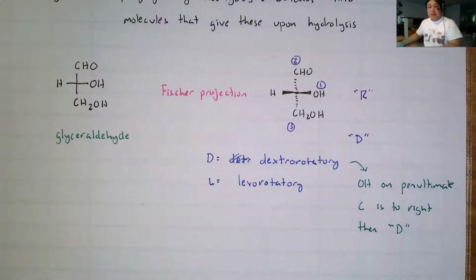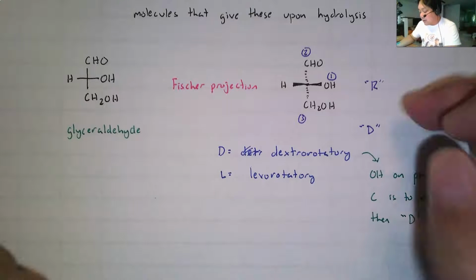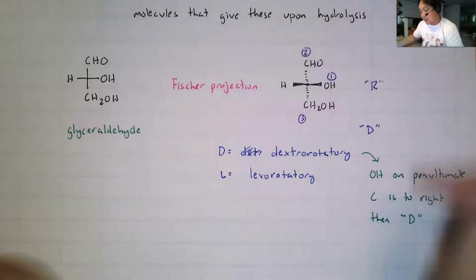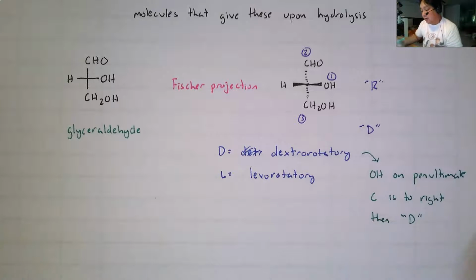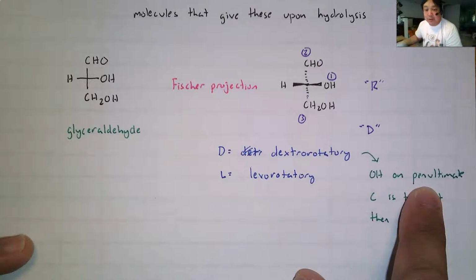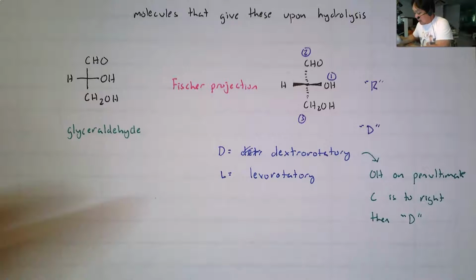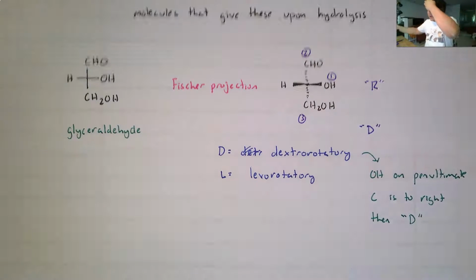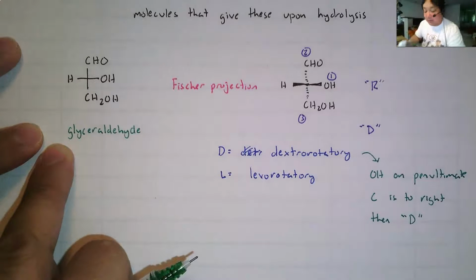You wouldn't want to think that all D carbohydrates are also R carbohydrates. We're going to see carbohydrates that have multiple chiral carbons, and we're still going to focus on the penultimate carbon, the second to last carbon, and see where that OH is. If it's on the right, it's going to be called D. So that's glyceraldehyde.